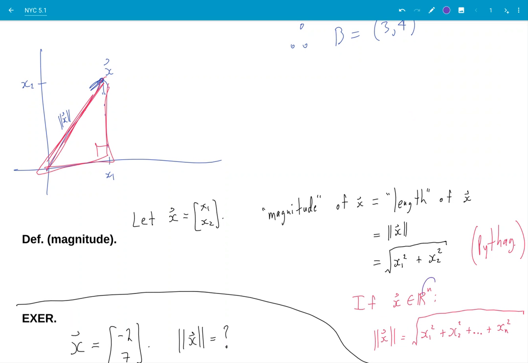When you get to 4-dimensional, you can't see this anymore, but in 3 dimensions, you can verify that this length is indeed what you want it to be. This quantity here will be the length of the vector in the way you probably already think about it.